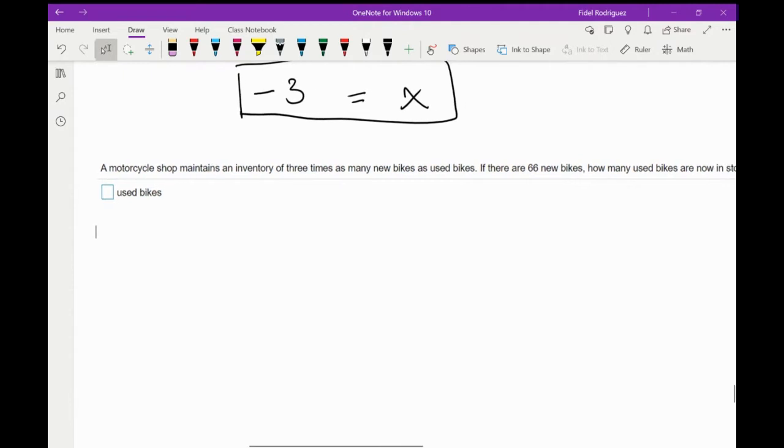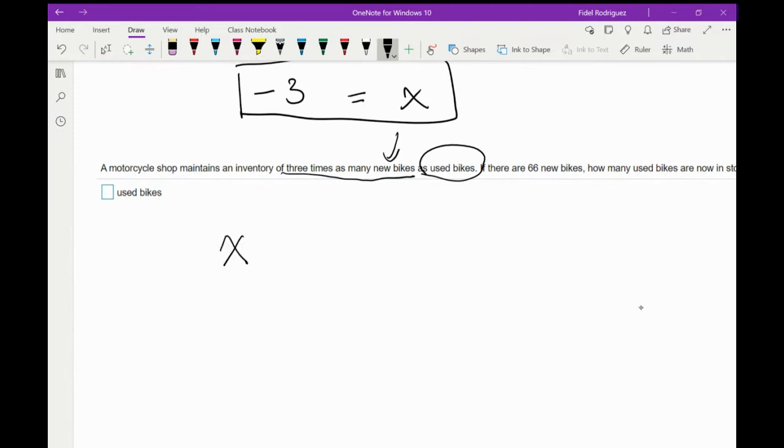Okay, so when I read that first part right there, it tells me 3 times as many new bikes as used bikes. So we're talking about how many new bikes we have compared to how many used bikes. So we have 3 times as many new bikes as we do used bikes.